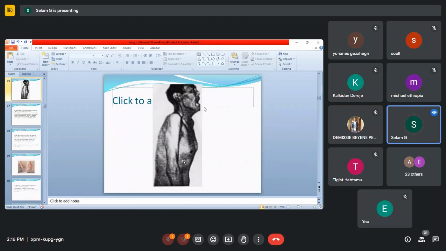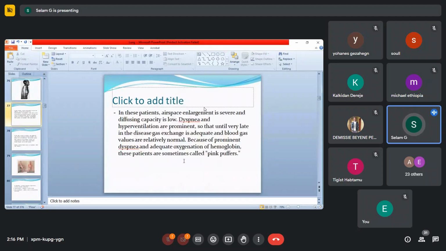This leads to dyspnea, hypoxia. And dyspnea and hyperventilation are prominent, so that until very late in the disease, gas exchange is adequate and blood gas values are relatively normal. Because of prominent dyspnea and adequate oxygenation of the hemoglobin, the patients are sometimes called pink puffers.